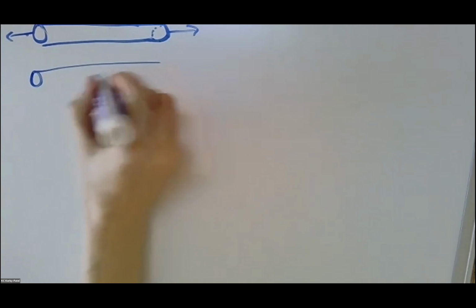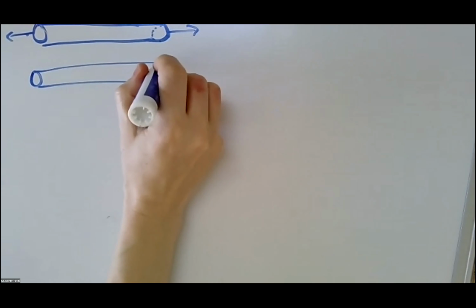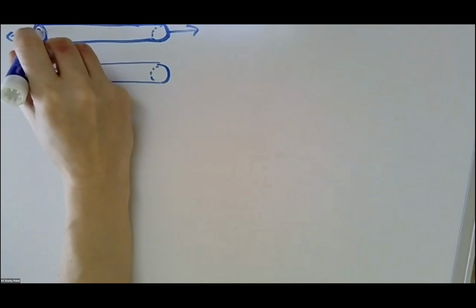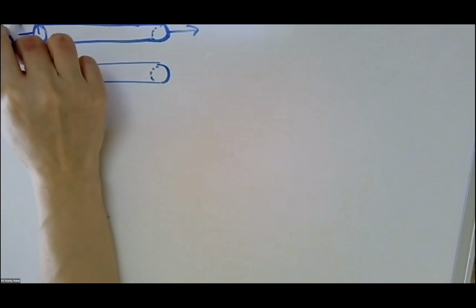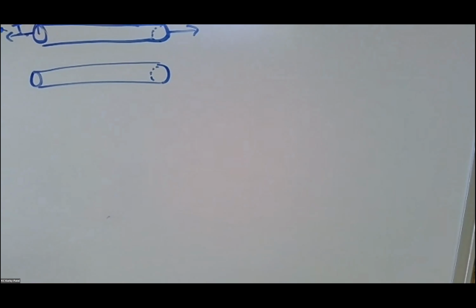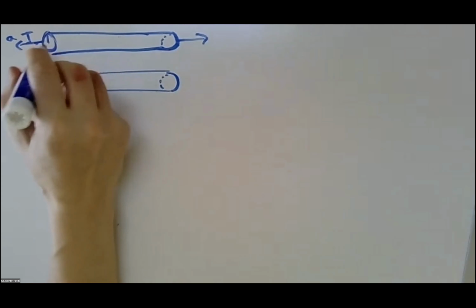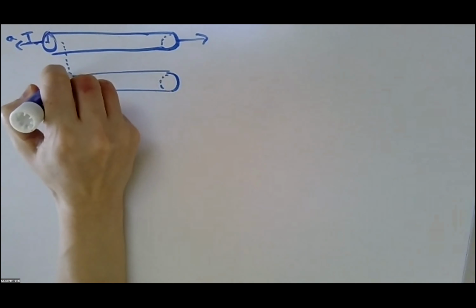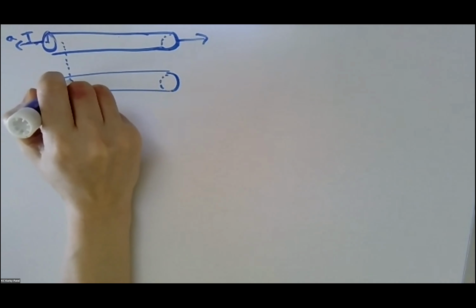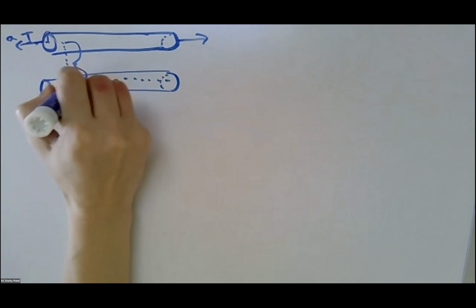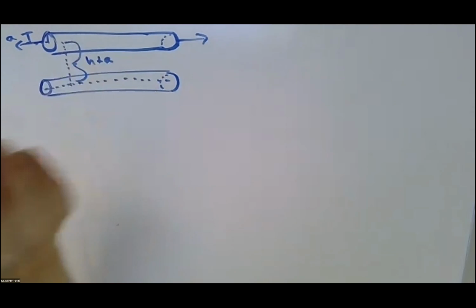And another wire parallel to it. And these wires have radius A. I drew them really small, so it's hard to see what A is. And their center to center distance is H plus A.